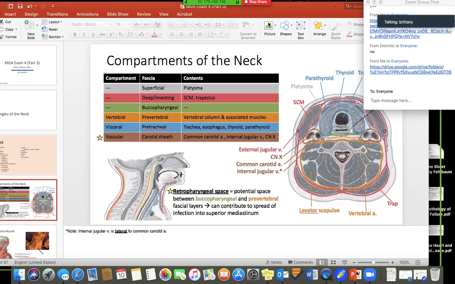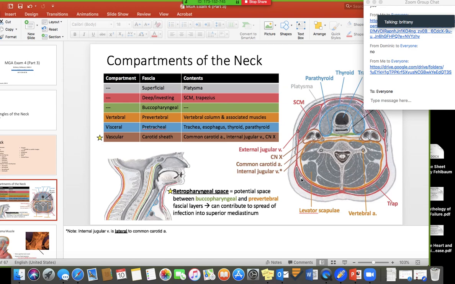So here with all these fascial layers in the neck, the biggest thing that I would worry about is what's known as the retropharyngeal space. This is a potential space between the buccopharyngeal fascia here in green and the prevertebral fascia. Why that's clinically significant is because it allows for the spread of infection into the superior mediastinum.